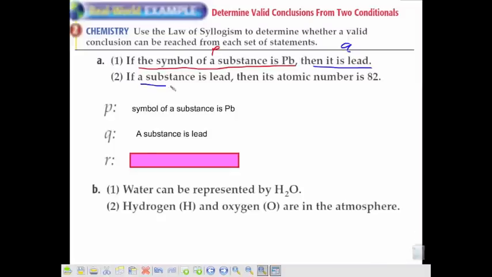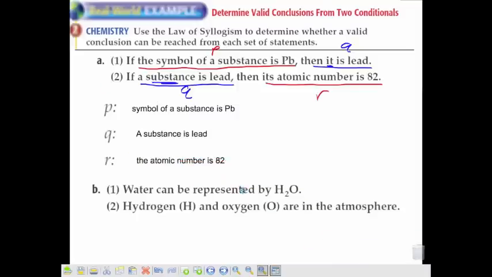We look at the next part, we also have a substance is lead. That's the same thing we have here. The only difference is the word it, but it was talking about substance. So this is also Q here. So far, we're following syllogism. We noticed in the last step there then, we're looking at R. And so, I'm getting the atomic number is 82 for R.